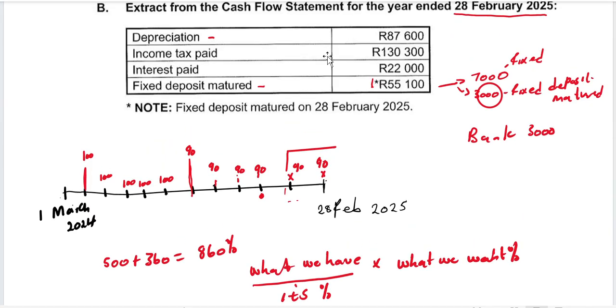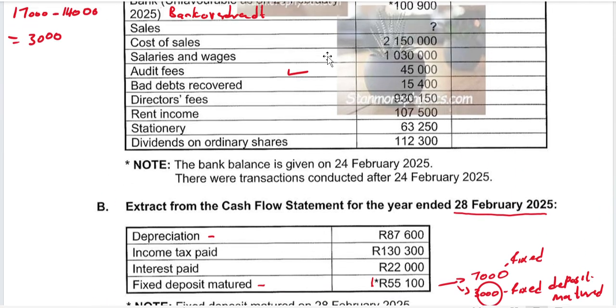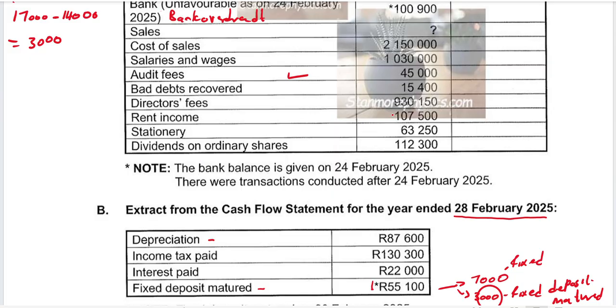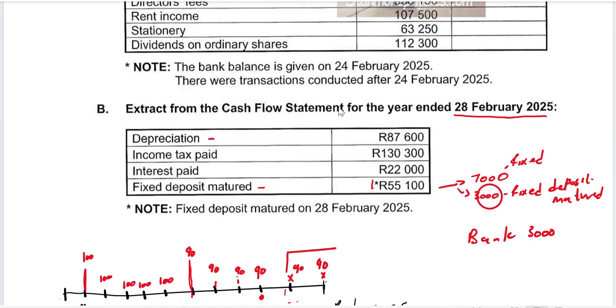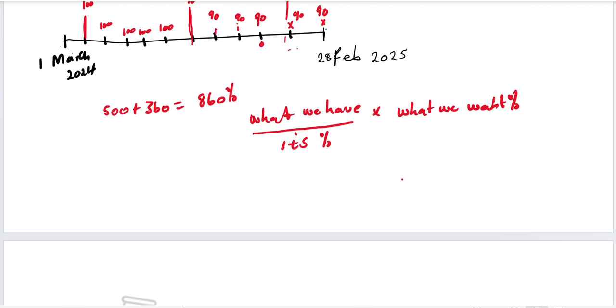We have the rent income, 107,500. This is what we have. It is the rent from this point to this point. So what is the percentage from this point to this point? It is 860.